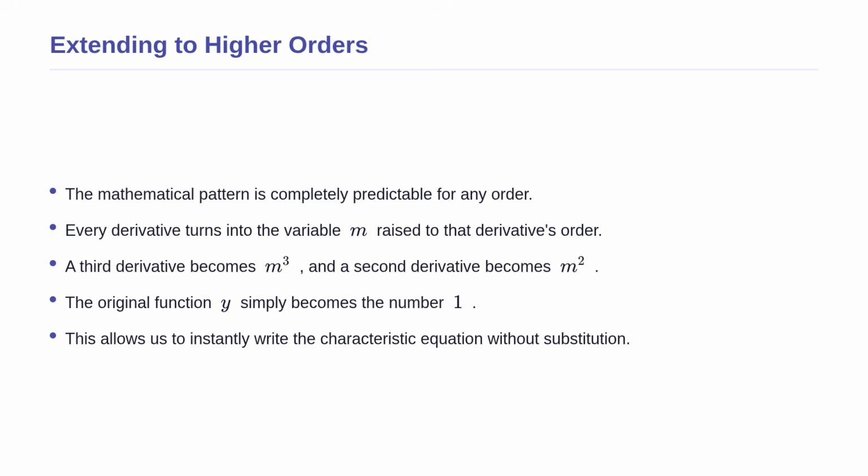Every derivative simply turns into the variable m raised to the exact power of that derivative's order. A third derivative becomes m cubed, a second derivative becomes m squared, and the original function just becomes the number 1. Because this pattern is so reliable, we can instantly write down the characteristic equation for any higher order differential equation without even doing the substitution steps.